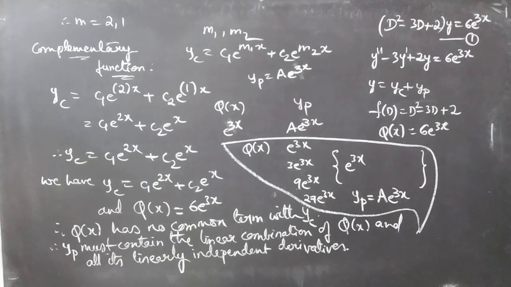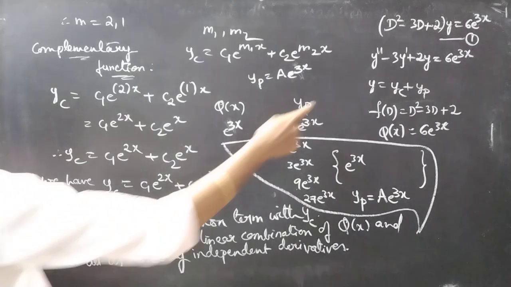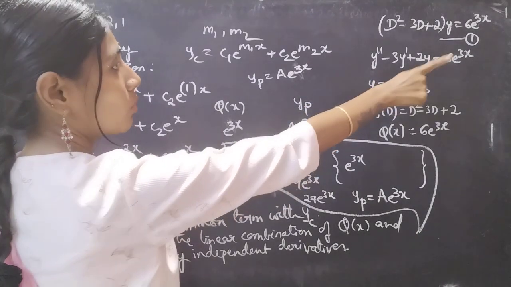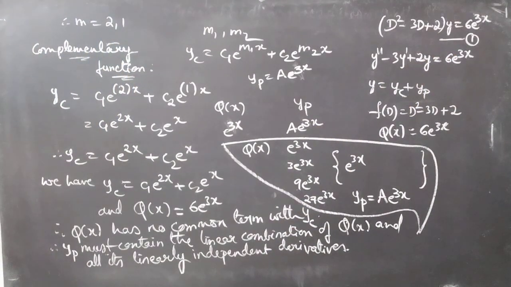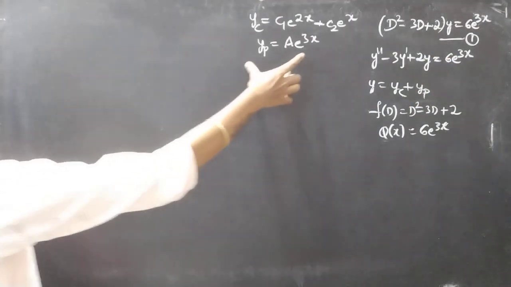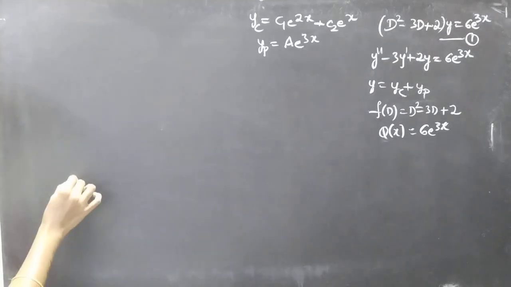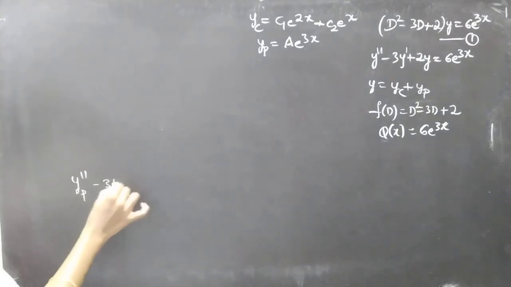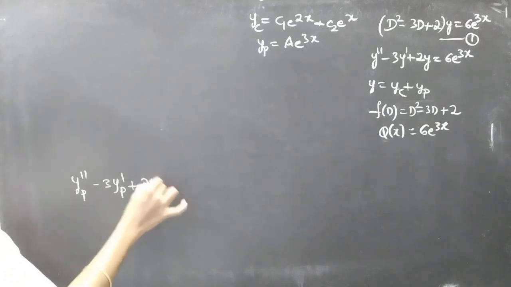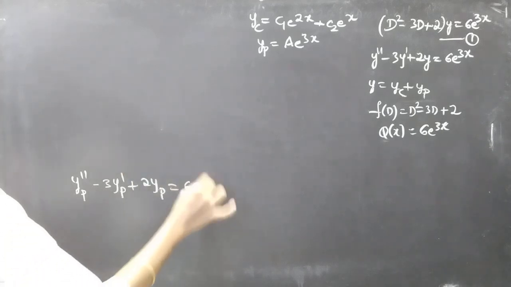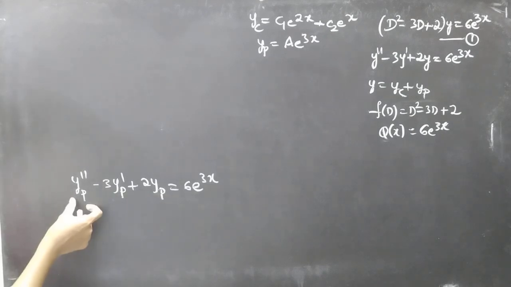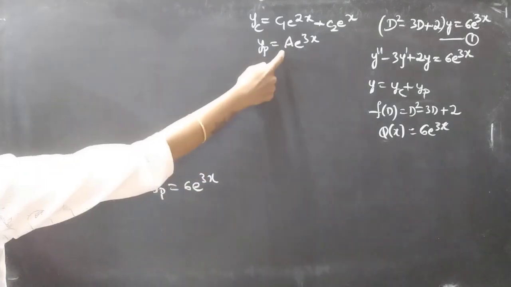We have chosen the yp such that it satisfies the given equation, so we can write the given equation in terms of yp. We get yp double dash minus 3yp dash plus 2yp equal to 6 e power 3x. Here we have yp dash and yp double dash, and we have yp which is a e power 3x.